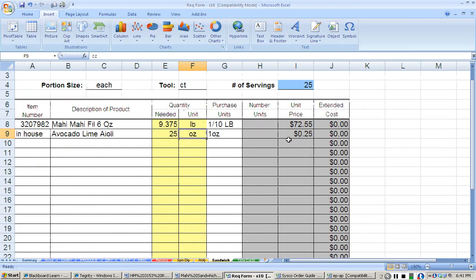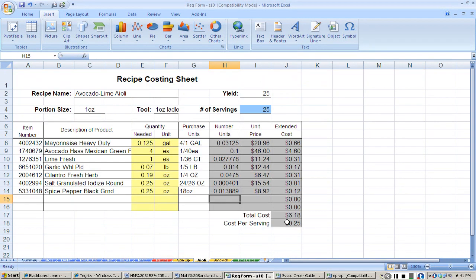The other way you could do it is you could do that entire batch recipe makes 25 ounces, and it's $6.18. Seems weird. Plus 25 times 25, 625. Okay. So it's probably actually like 24.9 or 24.8, something like that.